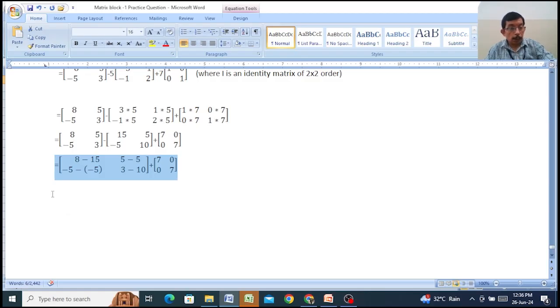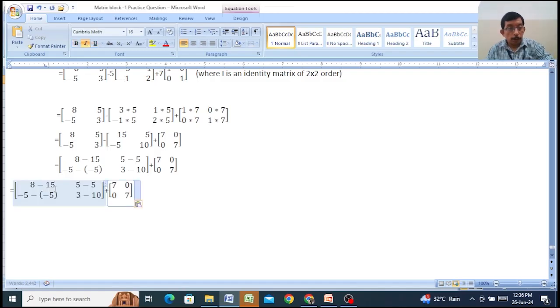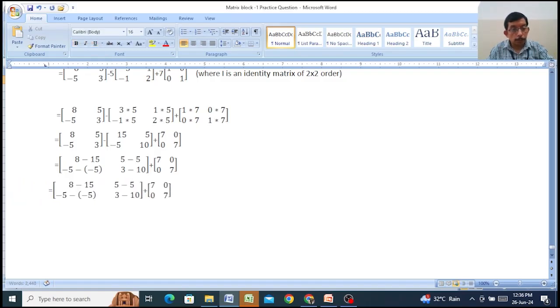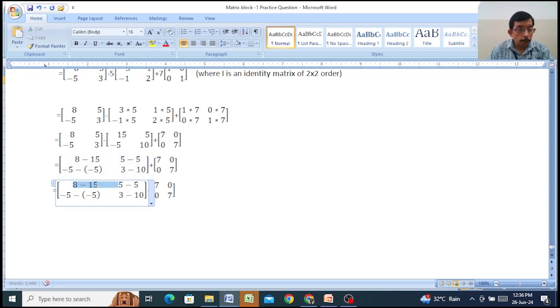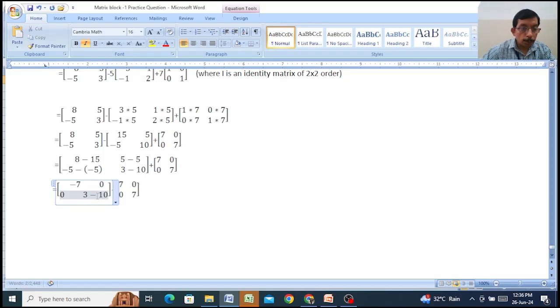Simplify in the next step. Eight minus 15 is minus 7, note down in the same position. 5 minus 5 is 0, note down in the same position. Minus 5 plus 5 is equal to 0, note in the same position. 3 minus 10 is minus 7, note in the same position.